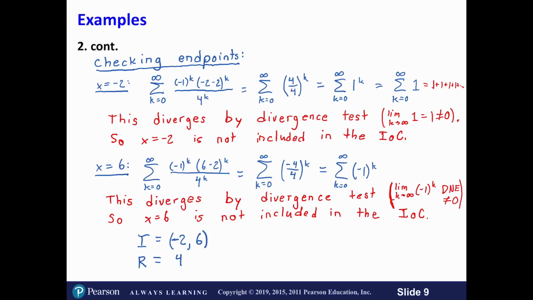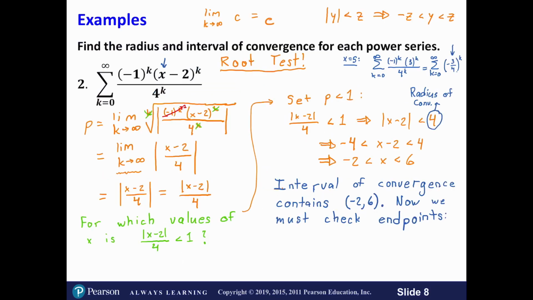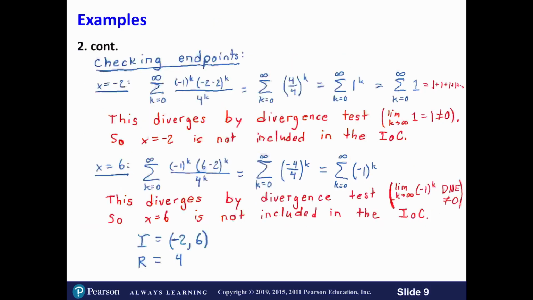Okay. Another way to think about the radius of convergence, if on this last slide you weren't able to observe it at this point, let's say you just forgot what it meant for a radius of convergence, the radius of convergence is also just half of the distance of the interval of convergence. So we could say that r is equal to 6 minus -2 all over 2. So that's just 8 over 2, which is 4.